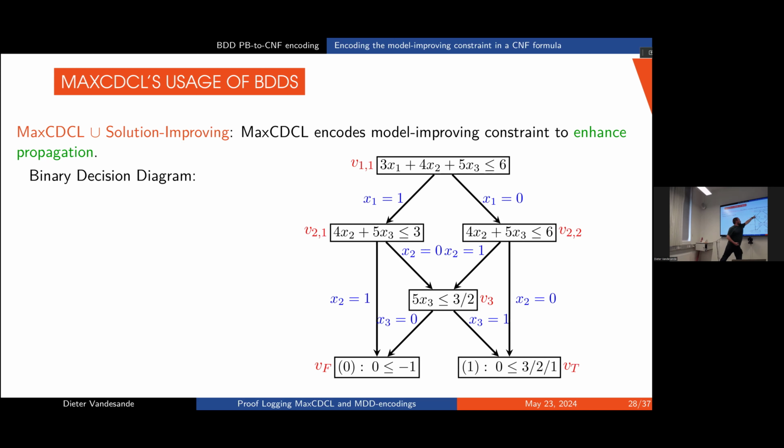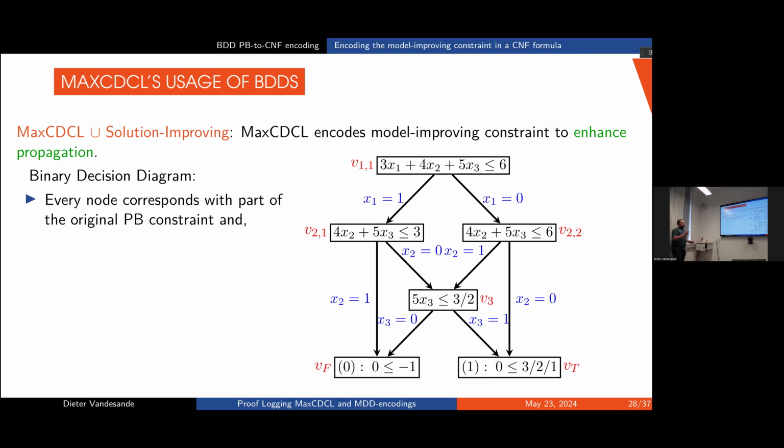So if x1 is 1 and x2 is 1, then the constraint is falsified. On the other hand, if x1 is 0 and x2 is 0 and x3 is 0, then my constraint is satisfied. So you can just follow the paths to see if it is satisfied or not. And this will be translated into a CNF formula in a bit.